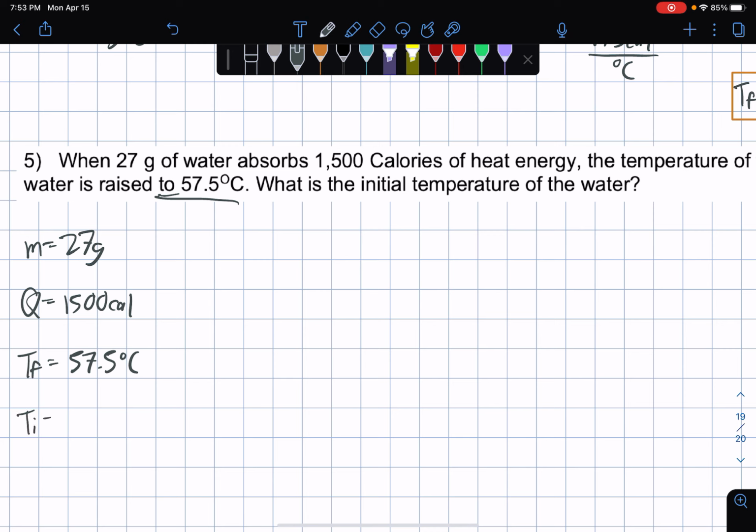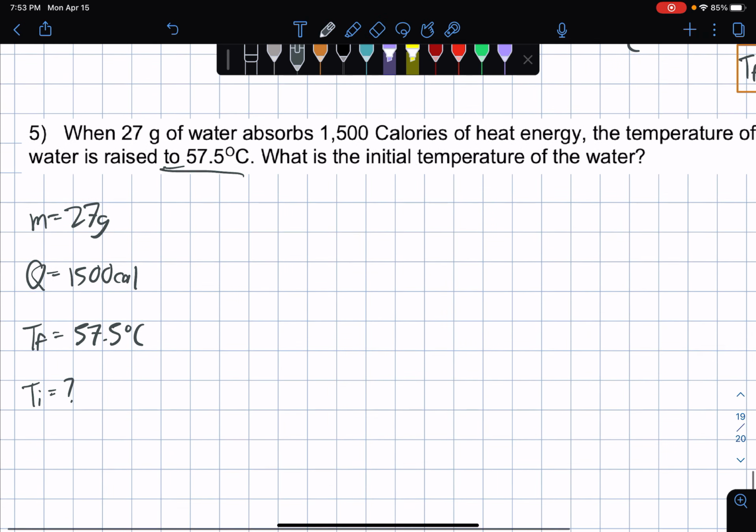So Ti is missing. Another reason why this is not Ti is because following that statement, we're looking for it, so it's definitely not given. We're still dealing with water, so the specific heat of water is 1 calorie over grams times degrees Celsius.